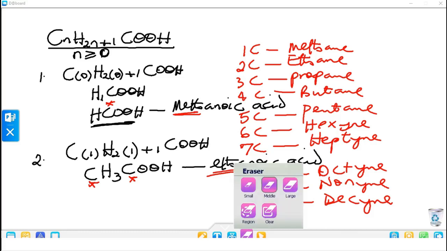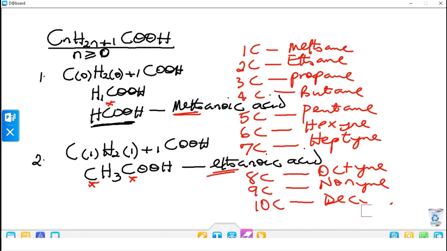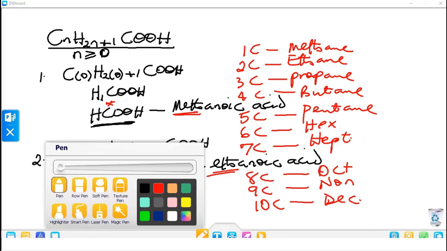And if the homologous family is an alkanol, we simply say that for alkanols, the E in alkane will be replaced with OL.